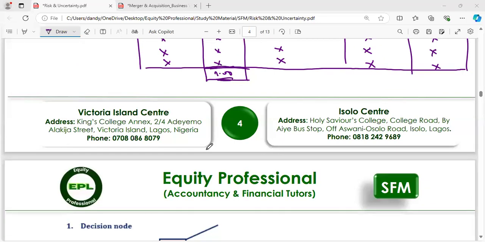The payoff matrix table is a table that shows the decision variable, that is, the available alternatives, which are represented horizontally, and the state of nature, that is, the events in the economy, which are represented vertically. So the payoff matrix table will show the decision variables as well as the state of nature. That's the first thing you need to do.